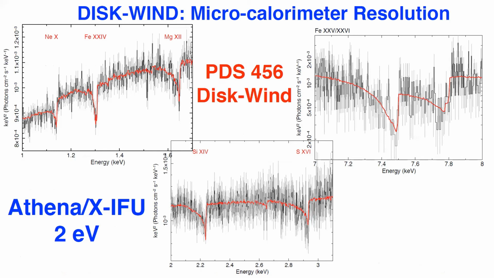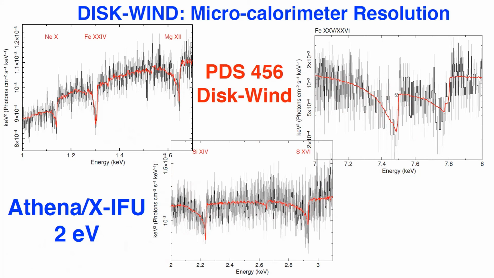So I made some high resolution disk-wind spectra, at 2 electron volt. You can see the incredible details at Athena resolution, but the very important thing is also that the shape of the absorption feature is actually asymmetric.